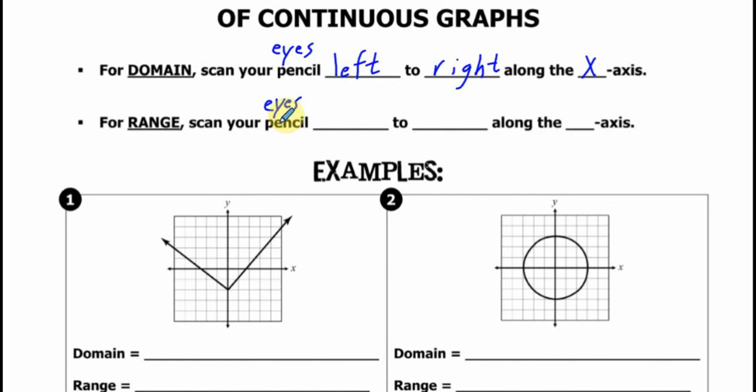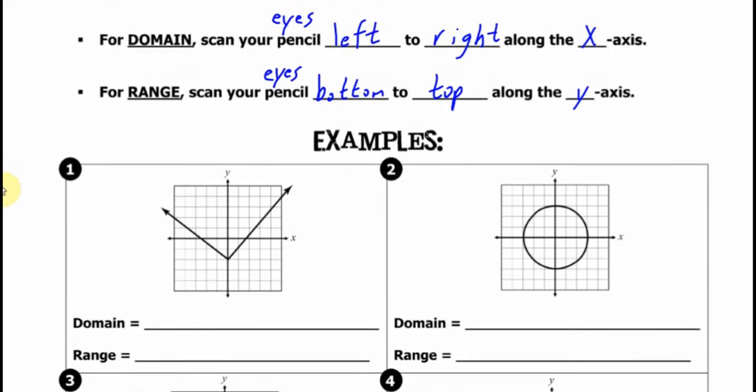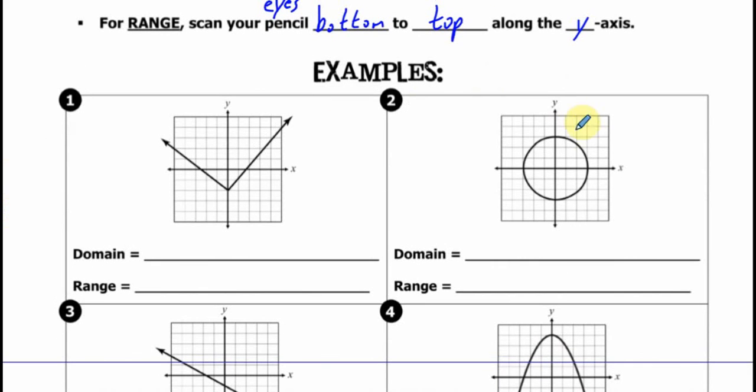For the range, scan your pencil or eyes from bottom to top. We're going to go up, down. So we're going to go bottom to top. And again, if I'm going up and down, that is the y-axis. Okay, so I'm going to do this one first. You can see the only thing that's graphed here is this circle. And the way that I do this is I make a marking for, if I move my pencil along my curve, what's the leftmost point that I ever hit?